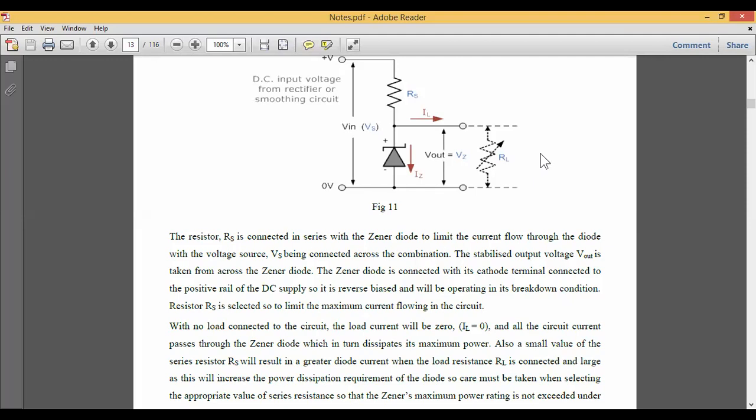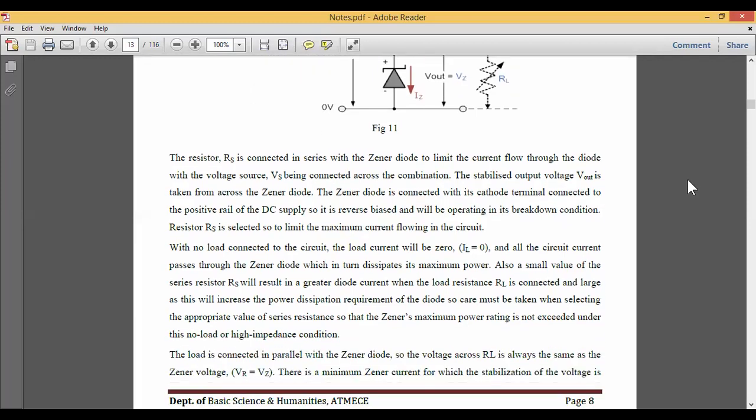So there are some maximum power ratings which should not be exceeded, because if it exceeds that point, there is a possibility that we may have some high impedance conditions. The load should always be connected in parallel with the resistance RL. So when you measure the Zener voltage, it will be equal to the voltage of that particular resistance part.